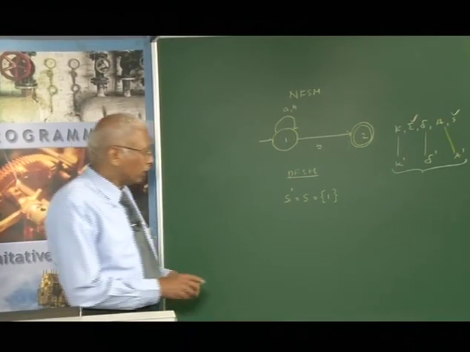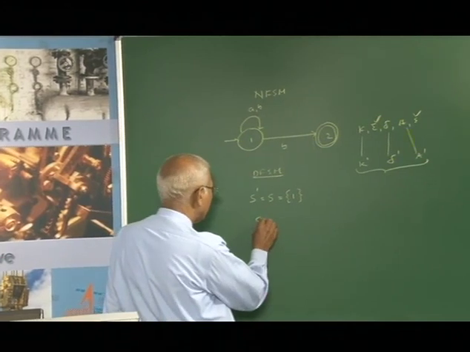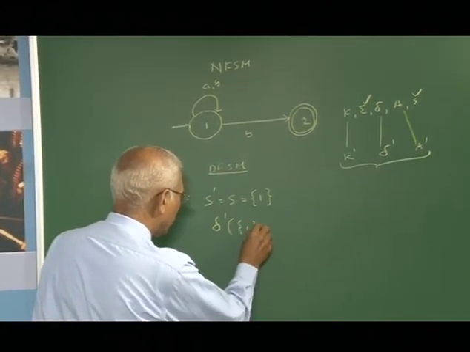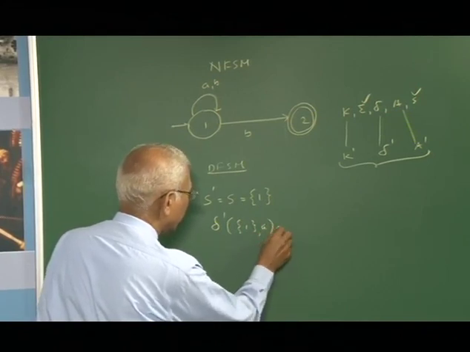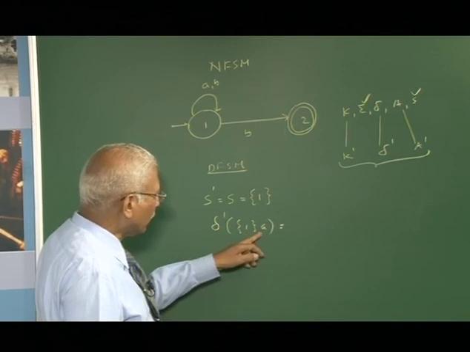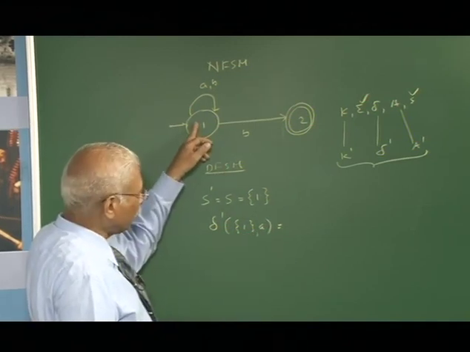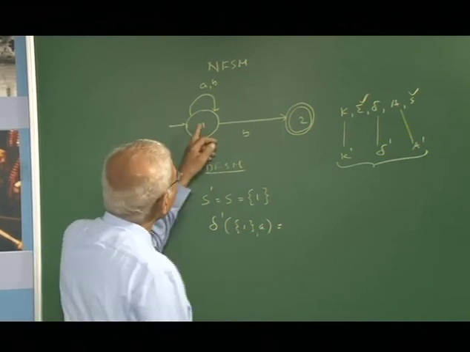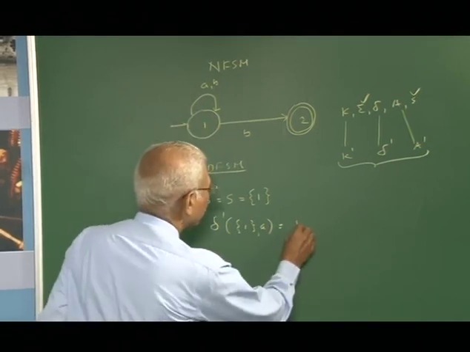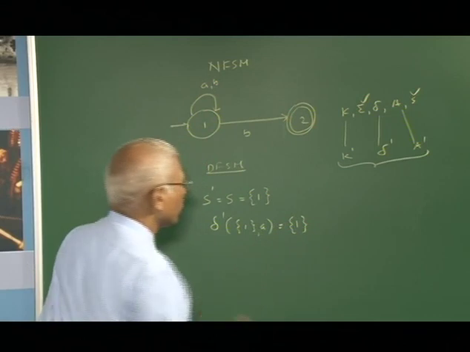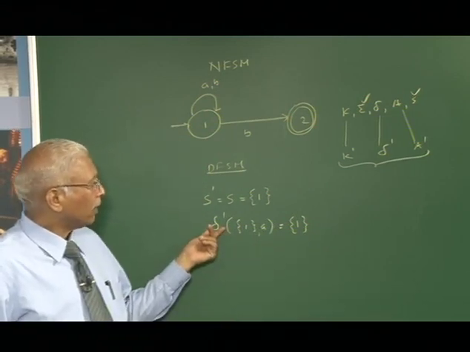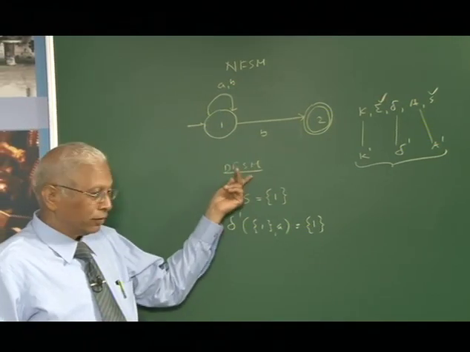Therefore, delta star of 1 on A will be equal to, that calculation will be done with respect to this, and 1 on A will go to 1 itself. So, this defines the delta dash of this machine.